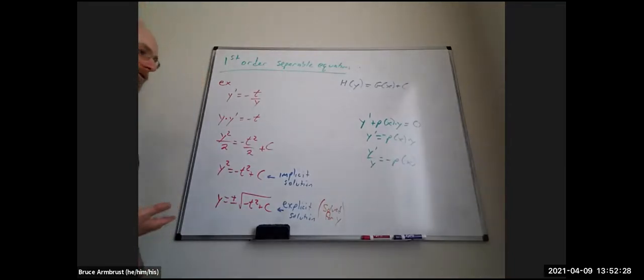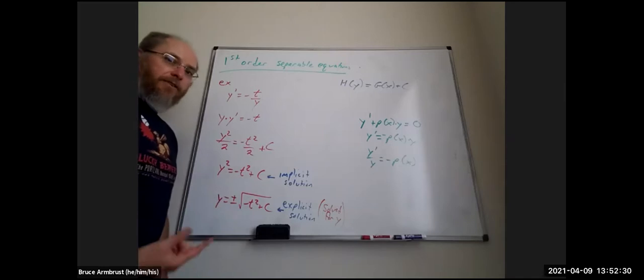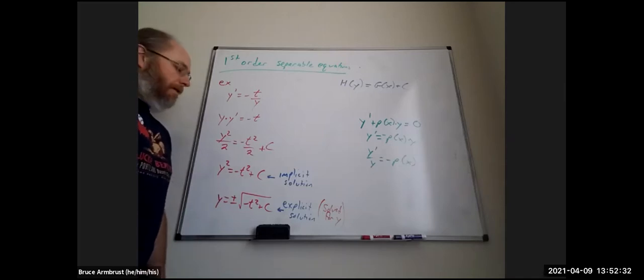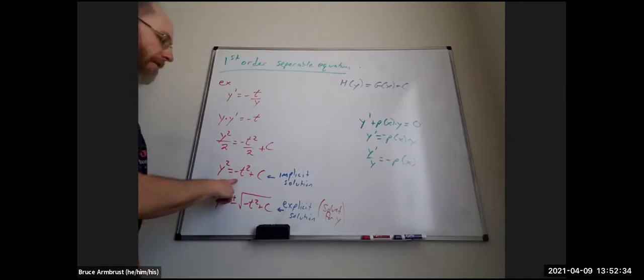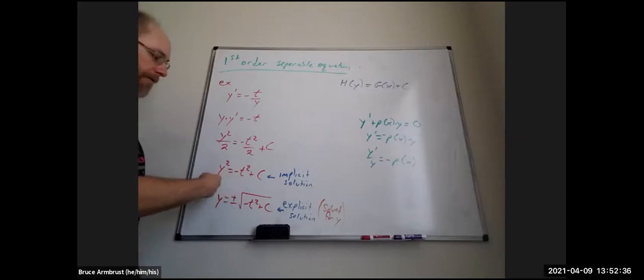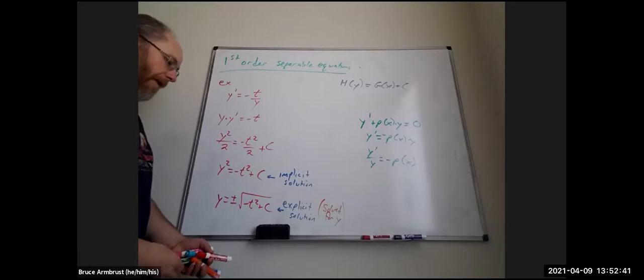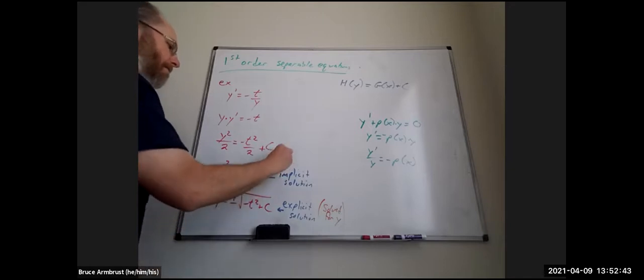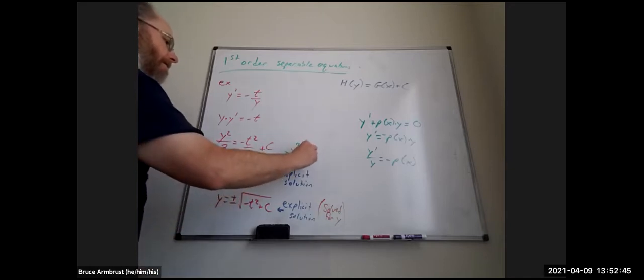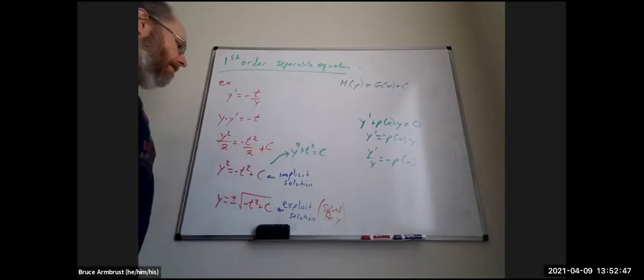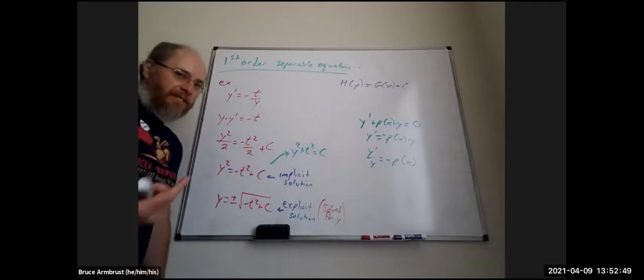And sometimes actually the implicit solution tells you a little bit more. Like check out this one. Let's move that t squared over. If I rewrite this, I can rewrite it as y squared plus t squared equals c. And remember t, x, same deal.